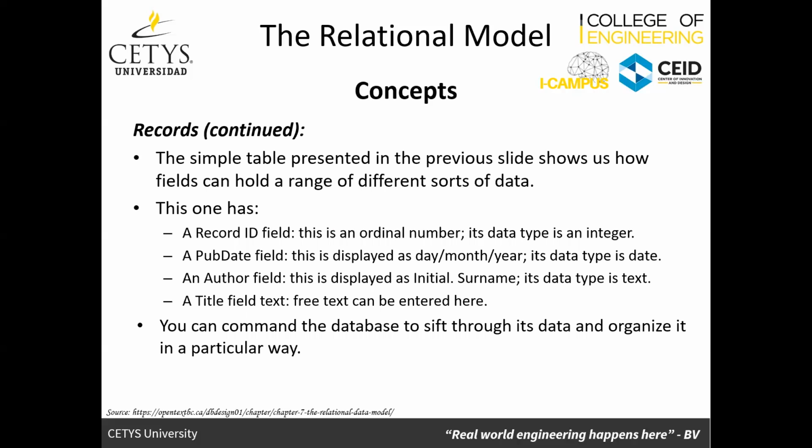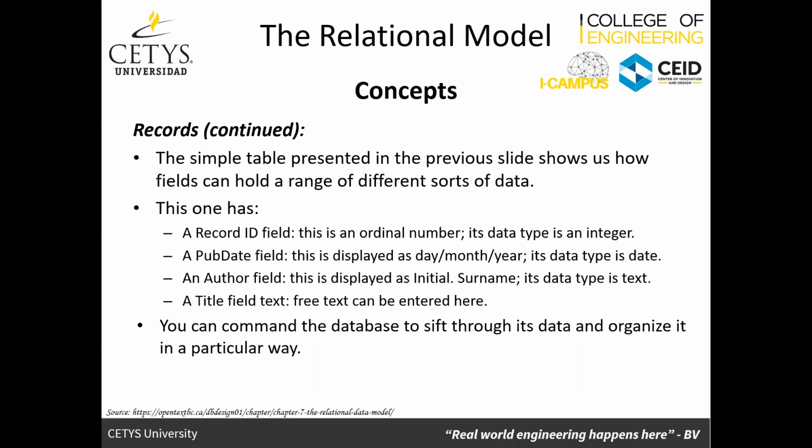So this is kind of a summary of what we saw in the previous table. Now, what's important as well, trying to relate it to what we talked about previously about the domain, is that the table we saw before holds different types of data.